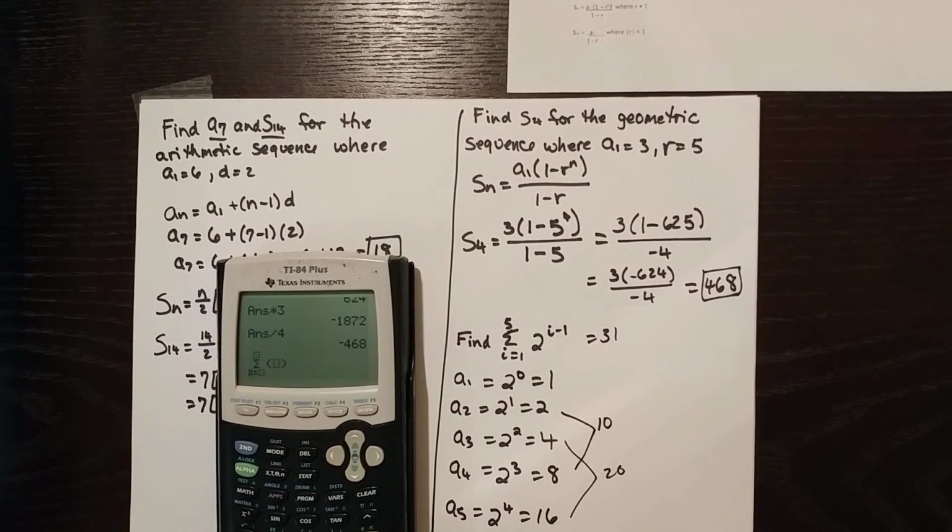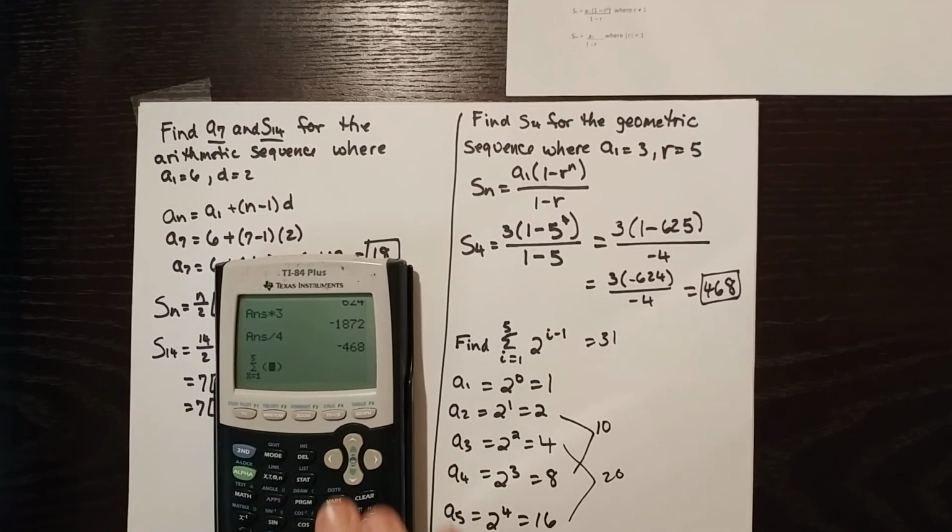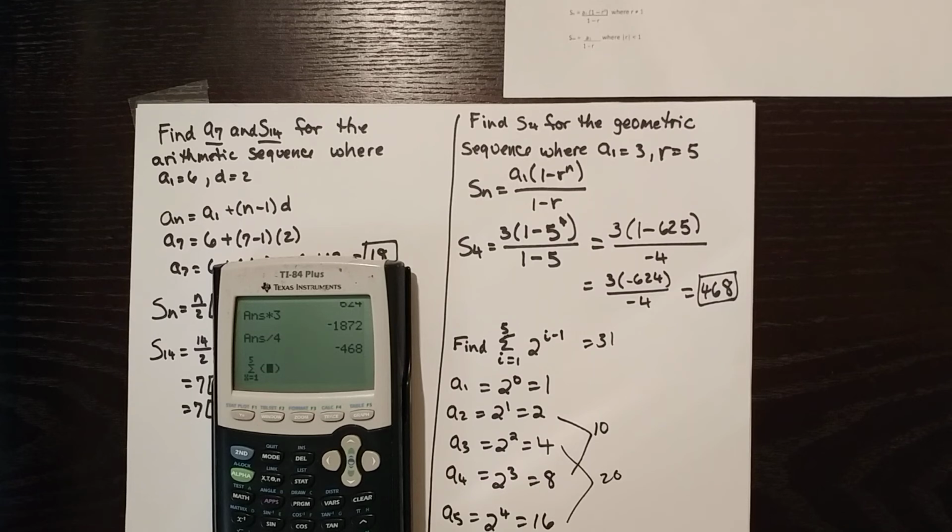I'm not going to use i, I'm just going to use X, and I'm going to say go from 1 to 5. And then you put what you're adding up right there. So I'm going to say 2 raised to the i minus 1, in my case, 2 raised to the X minus 1. And then I get out of that parentheses. And when I hit enter, it's going to add up the first 5 terms. And I got 31. And that's a really convenient way to check everything.